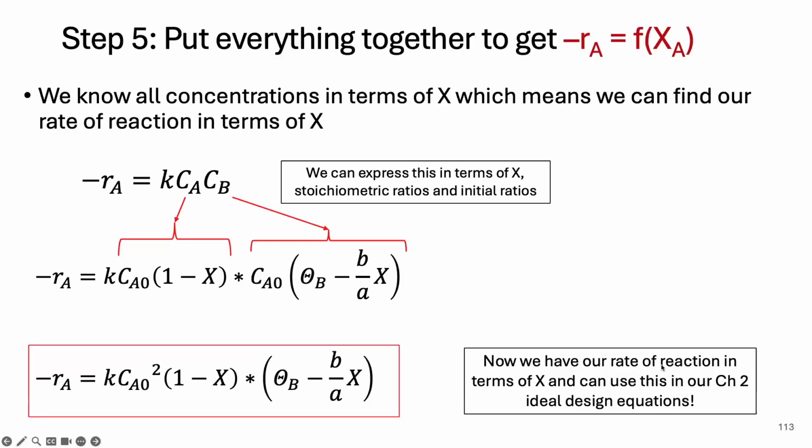So now we have our rate of reaction in terms of conversion, and we can plug that into some of our ideal design equations that we were introduced to in Chapter 2.